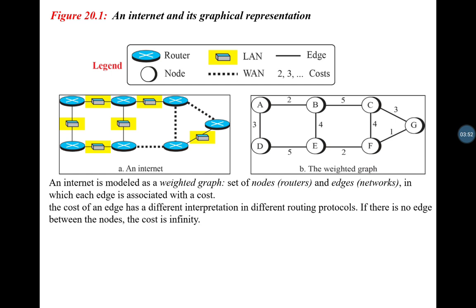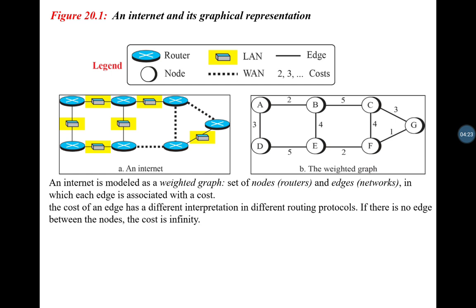To model this internet as a graph, each router itself is considered as a node and each network between a pair of routers is considered as an edge or line. Now the internet is modeled as a weighted graph in which each line or edge is associated with a cost. Here you can see the numerical values, those are the costs.